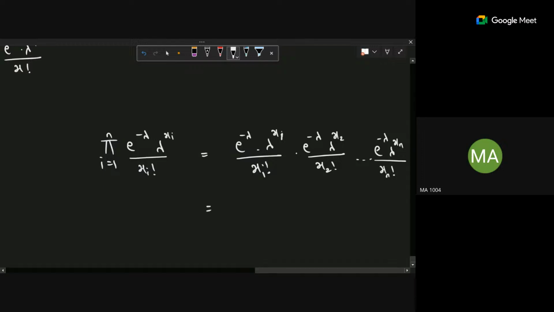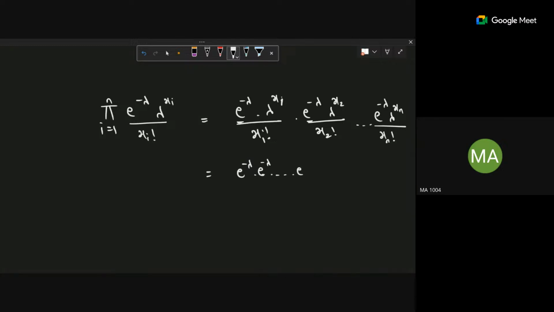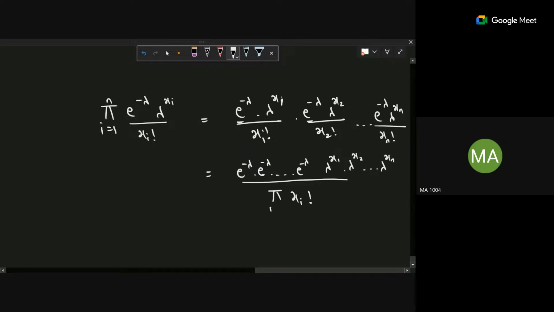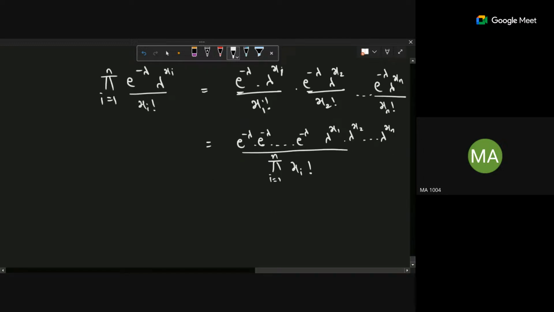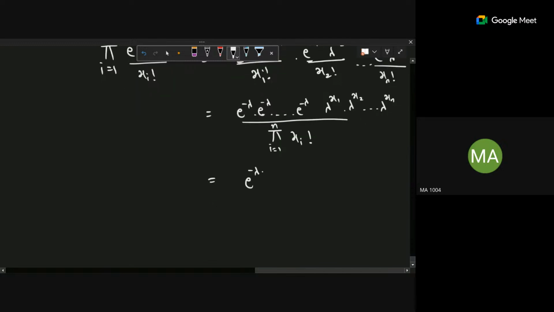So how will it look? e power minus lambda, how many times? N times, right? And here lambda power x1 into lambda power x2 till lambda to the power xn, upon the product of xi factorial, i from 1 to n. So these exponentials will add, these lambdas how many times?